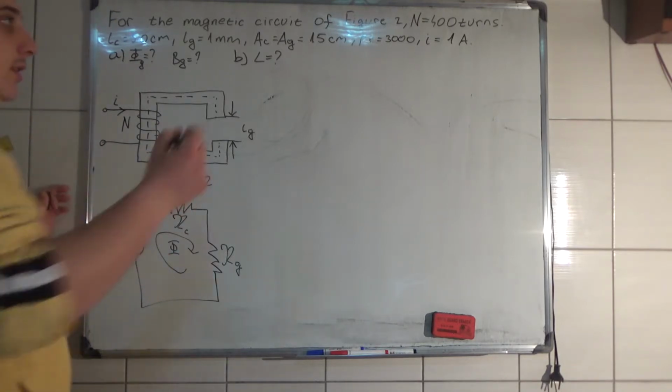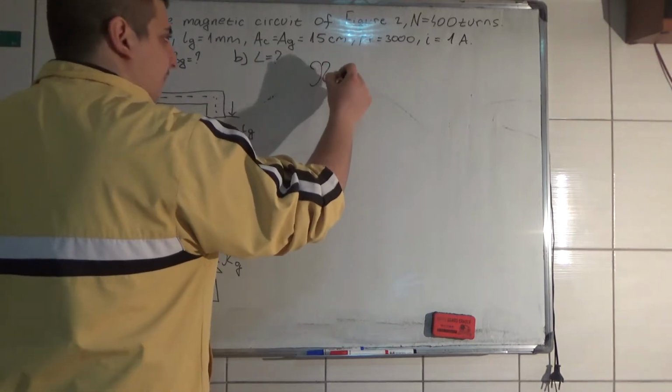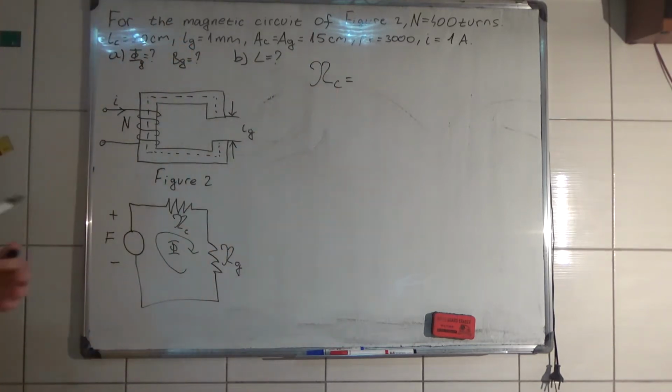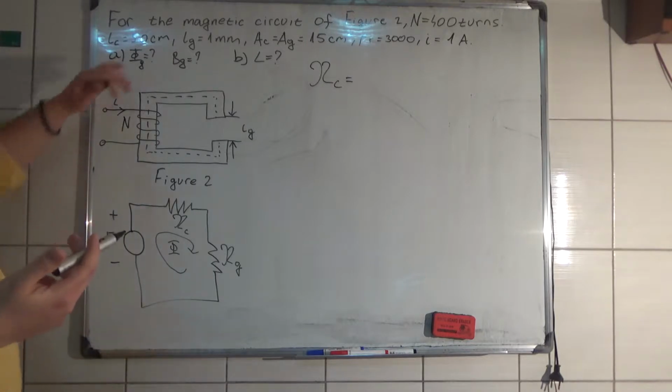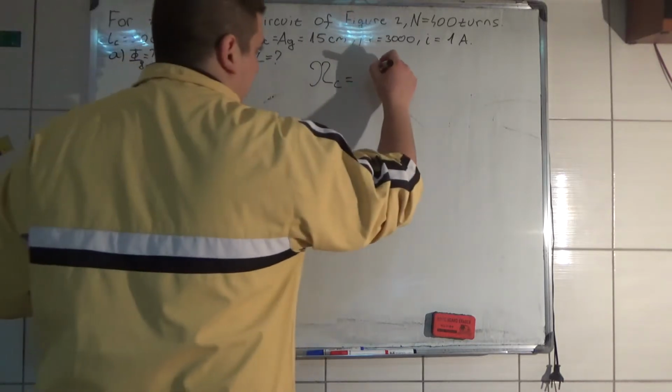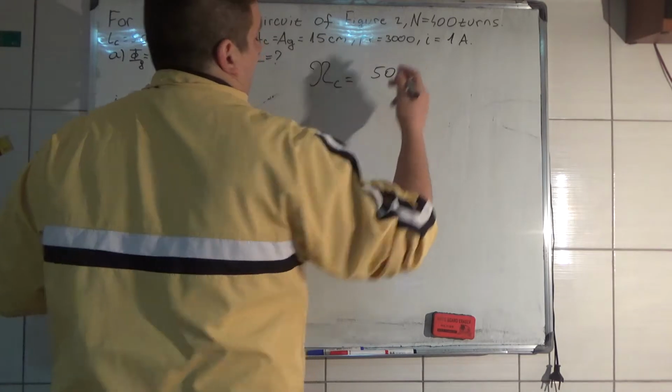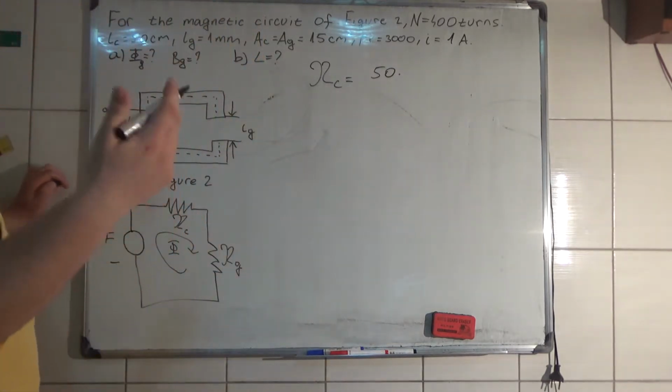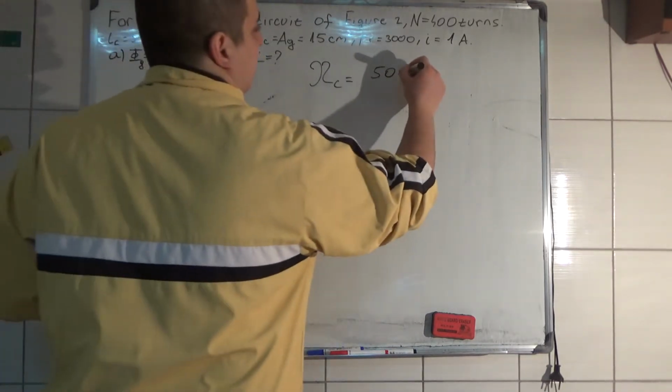For the reluctance of the core, we need to know the mean length of the core, and that is 50 centimeters. But we have to transfer that into the basic unit, which is meters.